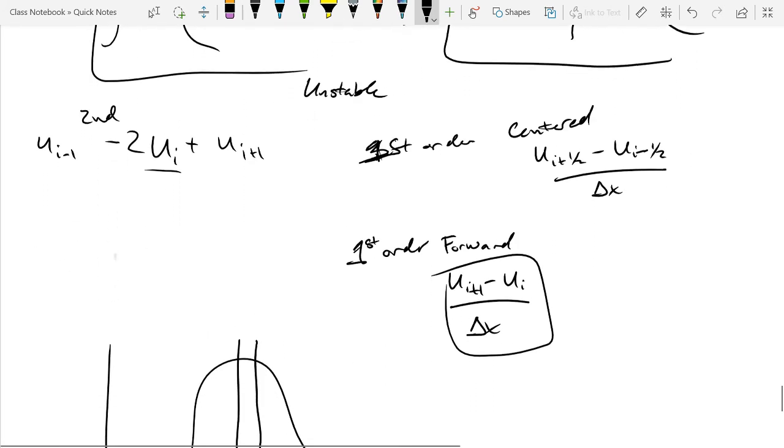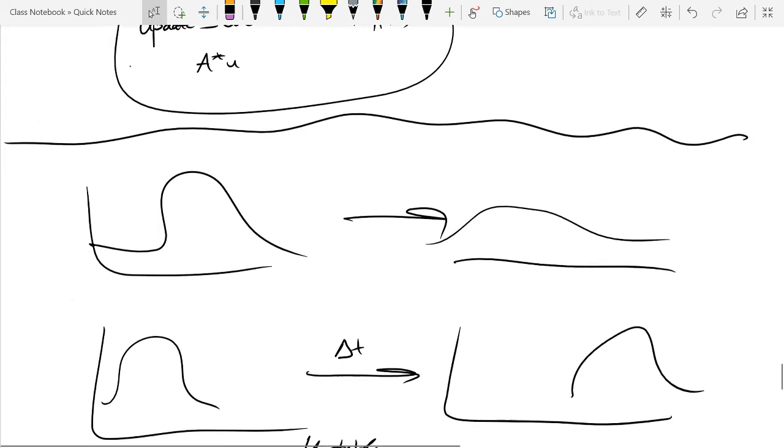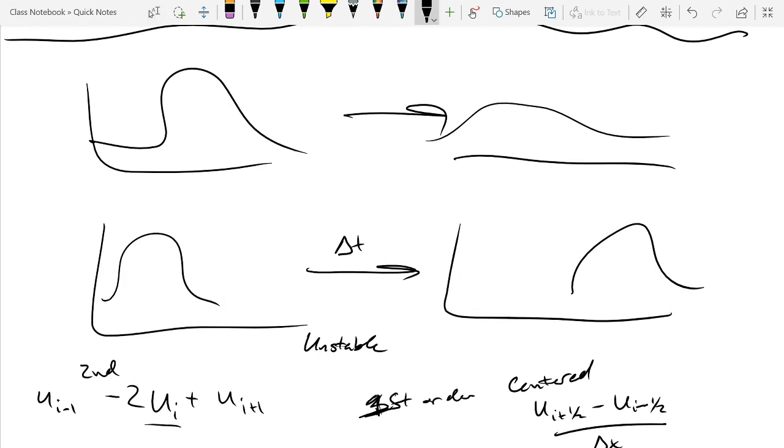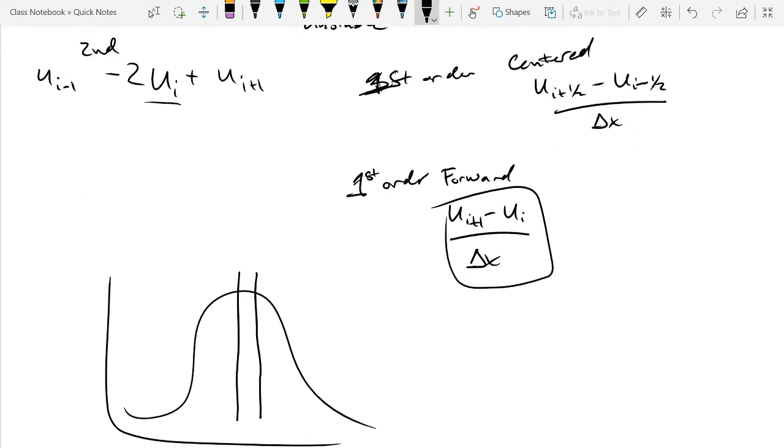So what you actually find when you do the stability analysis of this is that the only discretizations you should be using for the advection equation are these forward and backwards derivatives, where the backwards derivative is u of i minus u of i minus 1 over delta x.